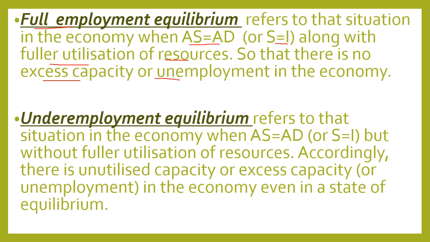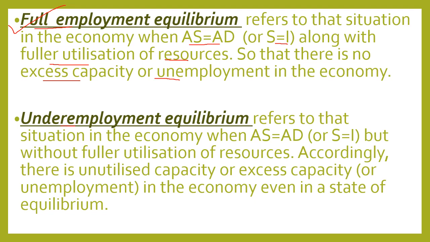But it is not necessary that at that situation there is full employment in the economy. It is not necessary that all the resources are fully utilized. So the situation when there is equilibrium, but along with equilibrium there is fuller utilization of resources, there is no unemployment in the economy, that state or that situation is known as full employment equilibrium.